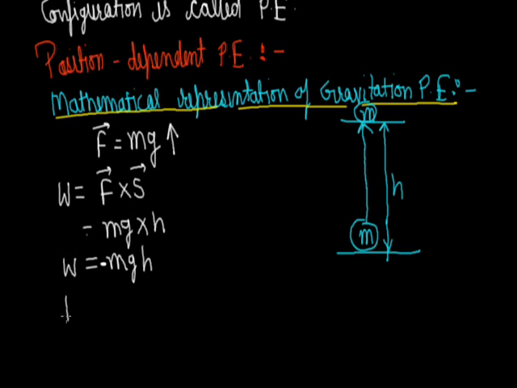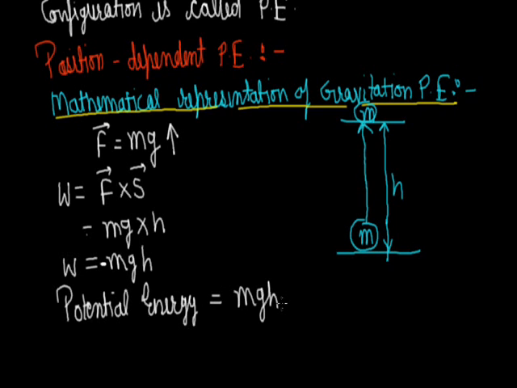So the potential energy will be the negative of the work done by the force of gravity, which is equal to mgh. So we get gravitational potential energy equal to mgh.